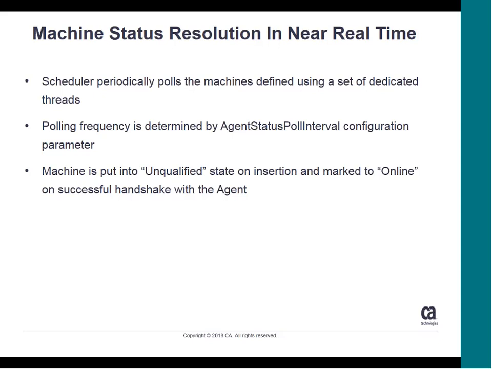So every 1 minute the scheduler keeps pinging all the agents and tries to determine their status and marks the machines to the respective status accordingly. So this is a brief on the machine status resolution near real-time feature that has been added in SP7.